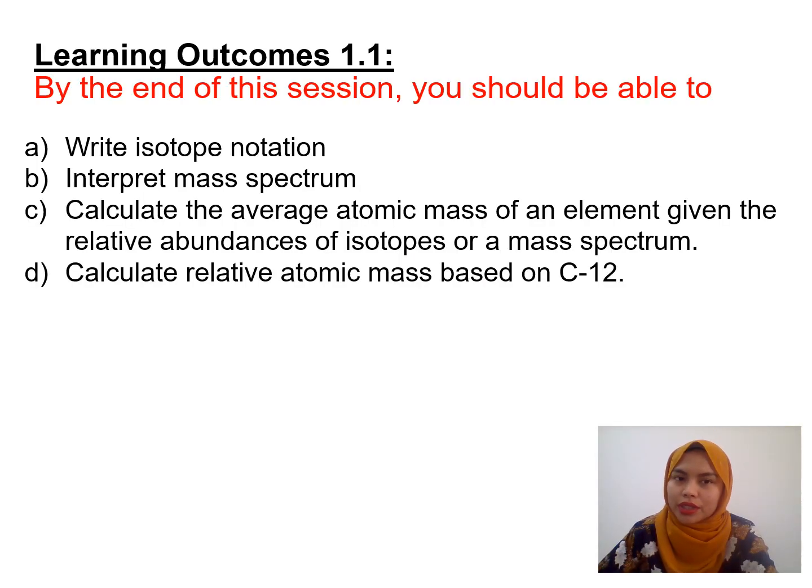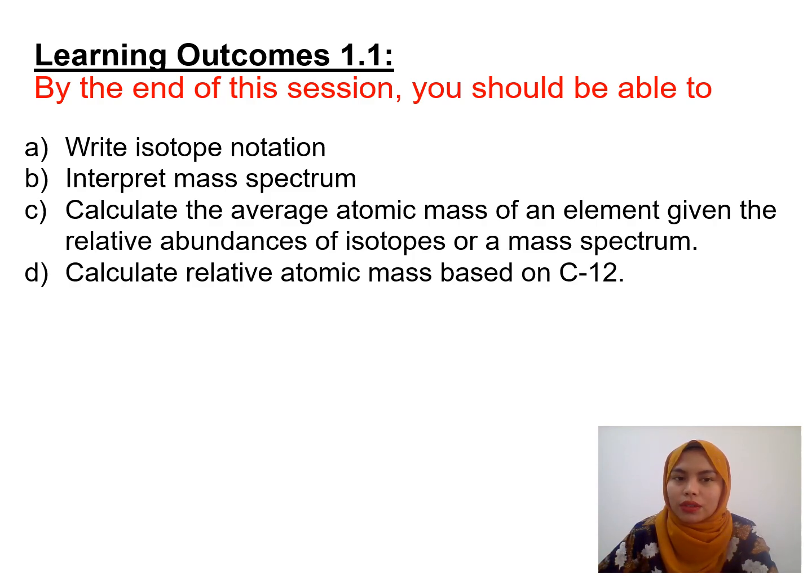I would like to go through the learning outcomes for 1.1 so that you know the objective of this whole lesson. By the end of the session, you should know how to write the isotope notation, interpret mass spectrum, calculate the average atomic mass of an element given the relative abundances of isotopes or a mass spectrum, and calculate the relative atomic mass based on carbon-12.